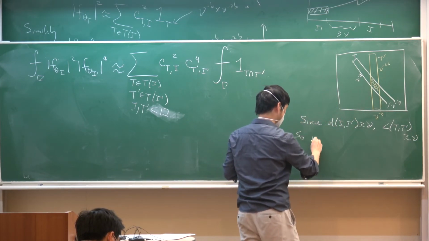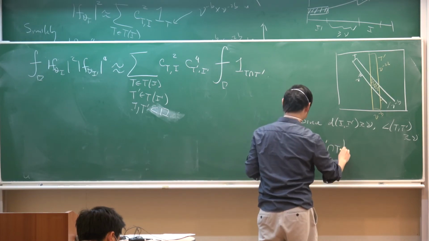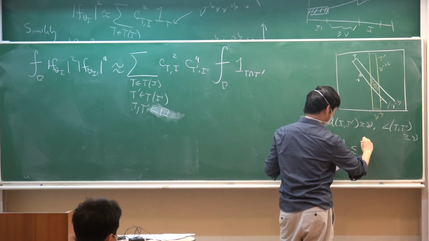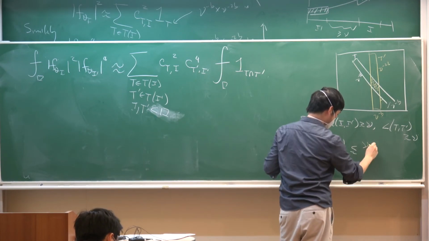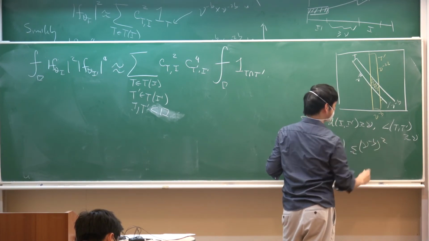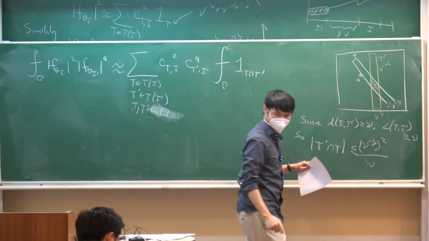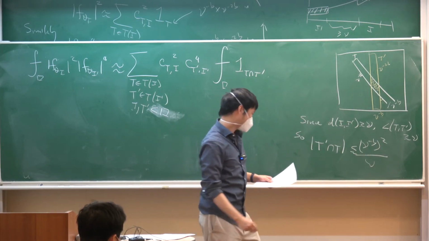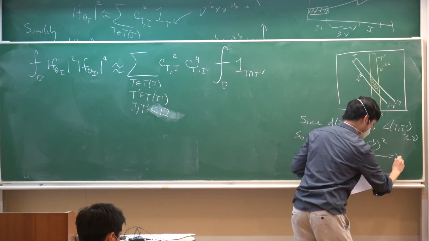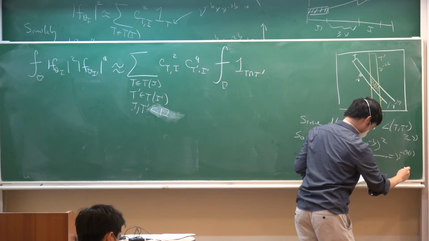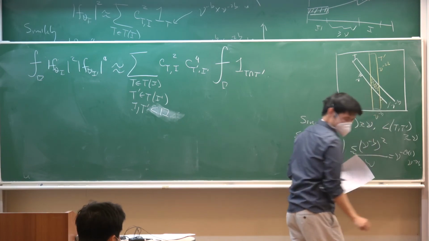So what does this say about T and T prime? The intersection is bounded by nu to the minus b squared, divided by the angle. The angle is at least nu, so we get that. And being very lazy, this is nu to the minus bounded times nu to the minus 2b.